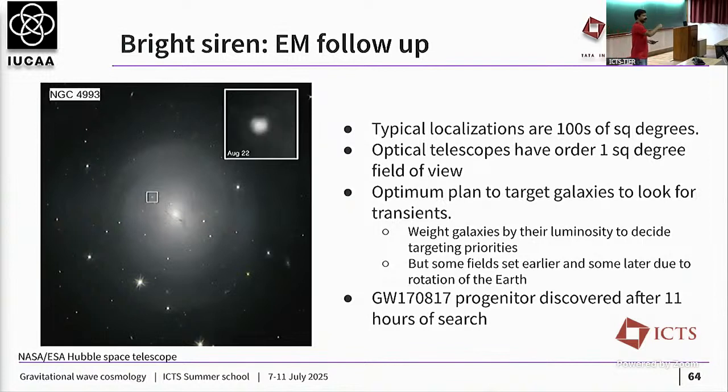Things which move are things like asteroids, for example, so things within our solar system. And then things which change flux. Some of them could be supernovae or kilonovae like this, or variable stars within our Milky Way, which can also undergo a change in flux. So there are a number of things that can pop out. You take all of these things and then try to assess the probability of what is what. And so it's a challenging task.